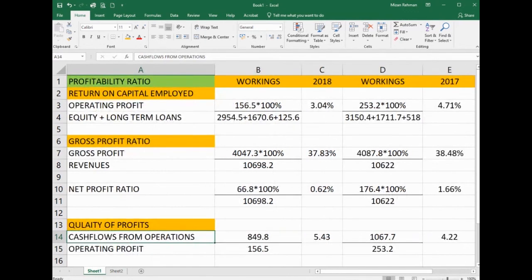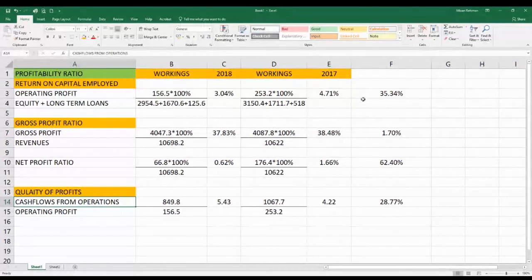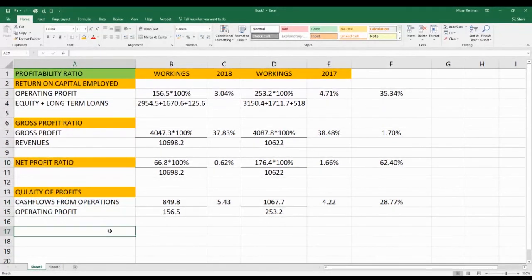If you look at overall profitability of Marks and Spencer, there's a bit of a mixed message here. First thing is that the ROCE is deteriorating. Two ratios are deteriorating: ROCE and the net profit ratio are deteriorating quite significantly too. Not just a small decrease, but quite a significant decrease.